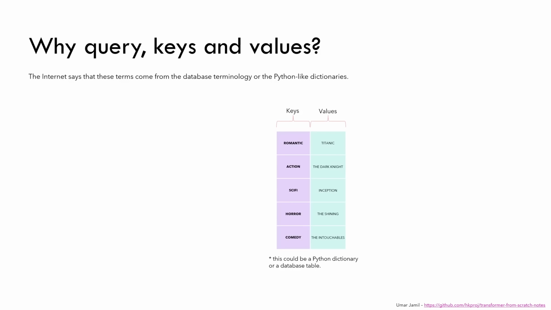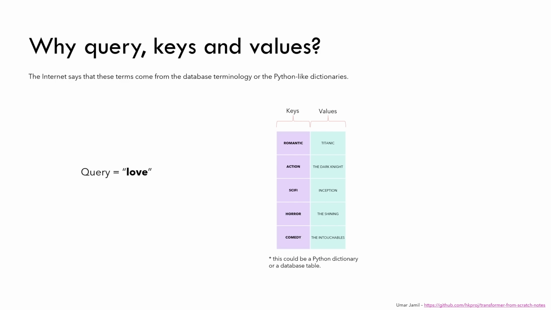The keys are the categories of movies, and the values are the movies belonging to that category. In my case, I just put one value. So we have the romantic category, which includes Titanic, and action movies that include The Dark Knight, etc. Imagine we also have a user that makes a query, and the query is "love".